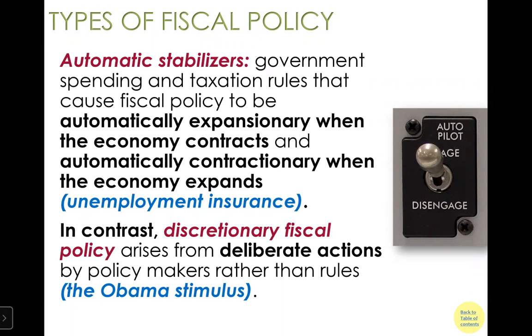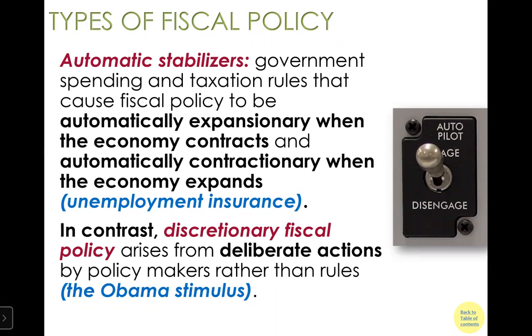So what is an automatic stabilizer? Those are government spending and taxation rules that automatically respond depending on the state of the economy. I'll give you an example so that we can understand what an automatic stabilizer is.